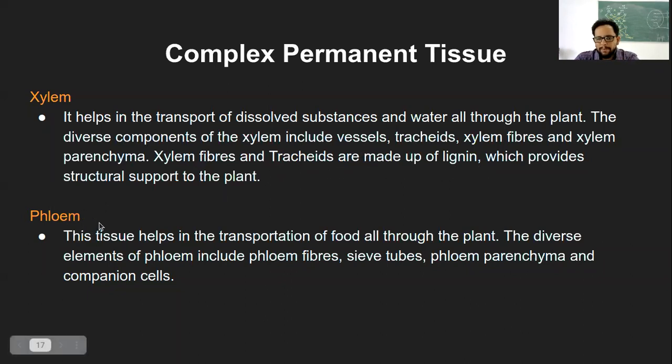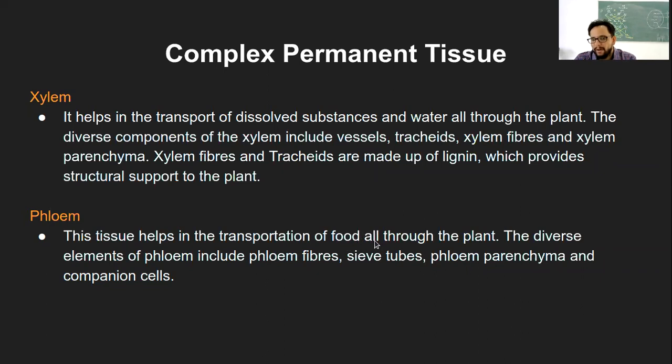In terms of phloem, the most important difference is that it is the transport of food all through the plant. This was transport of water and dissolved substances. This is transport of food. Now food cannot be carried in a dry state in a plant, right? It has to be dissolved in water.